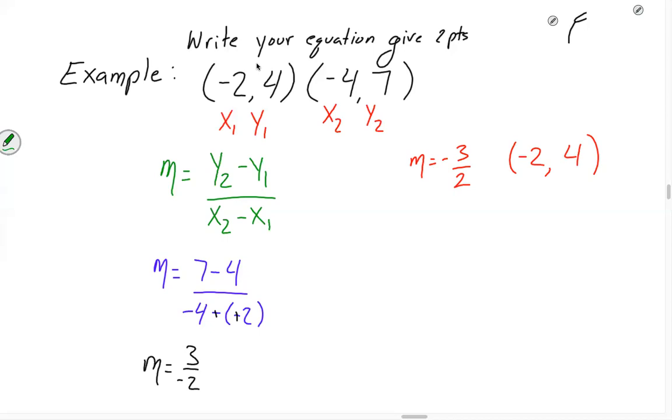Step number 1, label. Step number 2, write the equation of your line, which is y equals mx plus b. Step number 3 is to substitute. So y is labeled 4, m is labeled as -3/2, x is labeled as -2, and b.